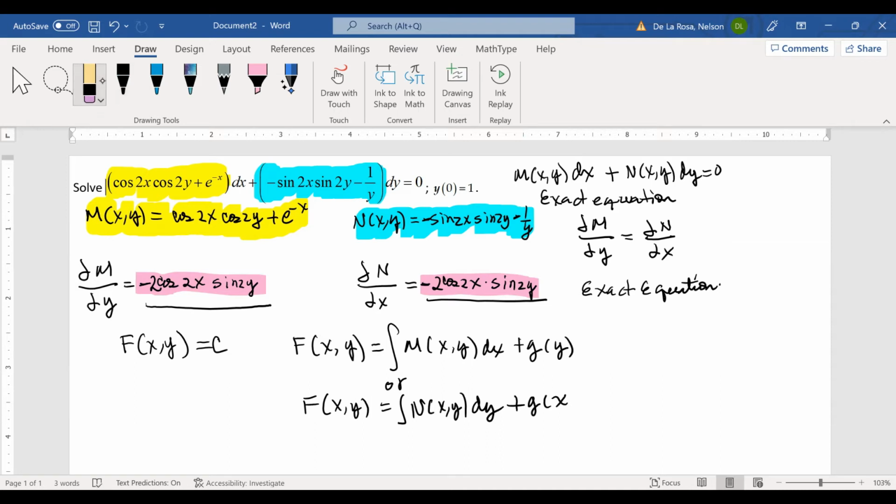Let me change the notation: something depending on x.